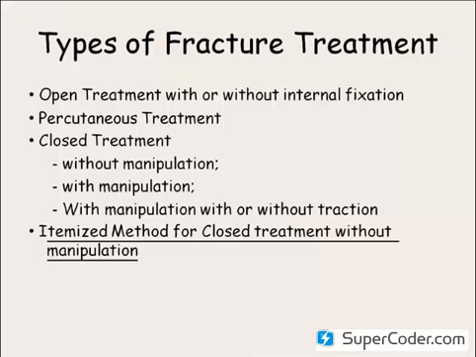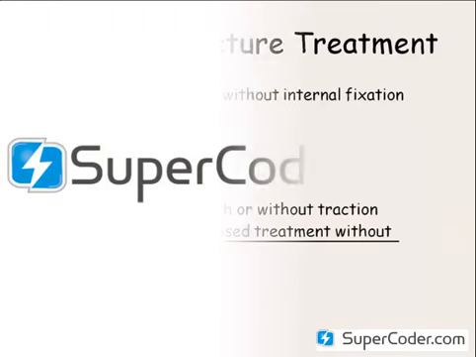There's closed treatment without manipulation, then there's closed treatment with manipulation, then there's closed treatment with manipulation with or without traction, and then we have the one that says itemized, which is kind of a la carte, meaning that we can possibly bill out just as if it was a sprain or strain. And so that's the area that seems to cause the most concern: how do I bill for those fractures where we didn't do anything, no manipulation.